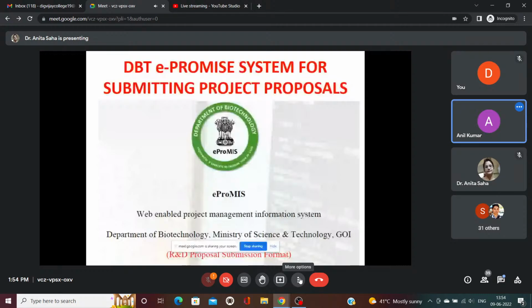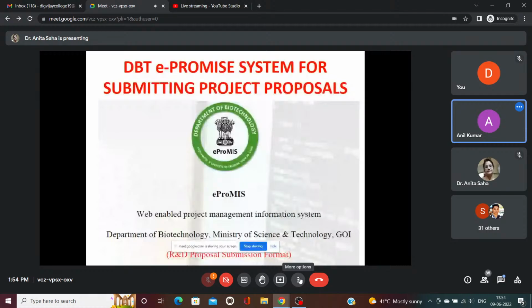Now, not only DBT and DST, even the Council of Scientific and Industrial Research or ICMR, all are inviting your applications through the e-Promise scheme. There is a slight nomenclature difference, but for the DBT it is the e-Promise scheme.